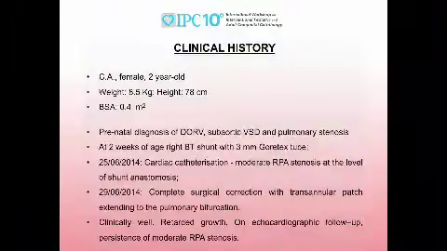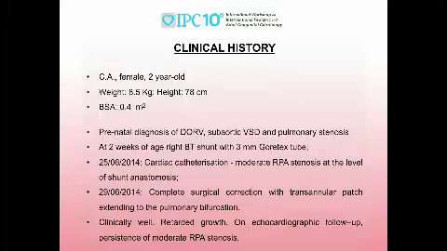The case is a 2-year-old baby, weight 8 kg, with prenatal diagnosis of double outlet right ventricle, subaortic VSD, and severe pulmonary stenosis. At 2 weeks of age, surgical palliation with a modified BT shunt with a 3 mm Gore-Tex tube.